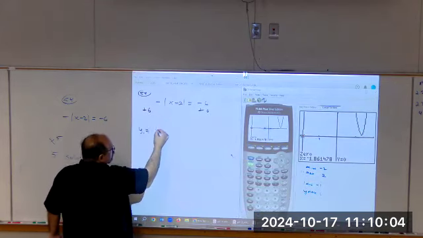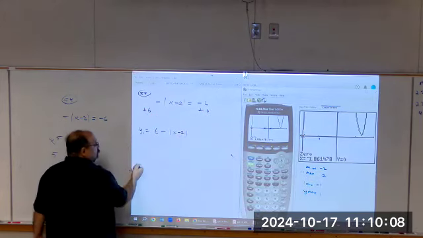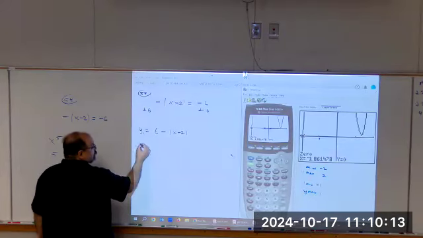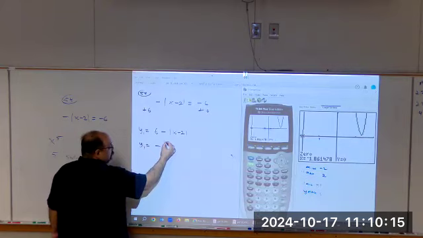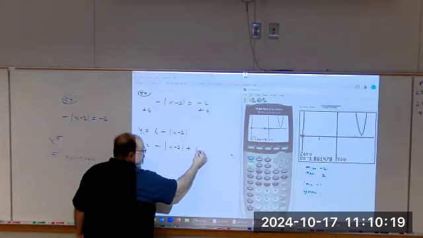And you can write it as 6 minus the absolute value of x minus 2. But here's what we just got done doing for chapter 1: negative absolute value of x minus 2, and that's a positive 6.